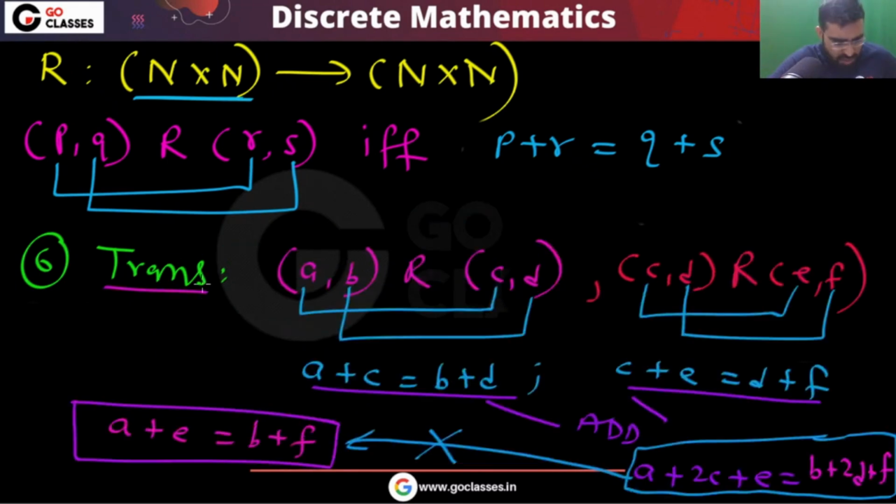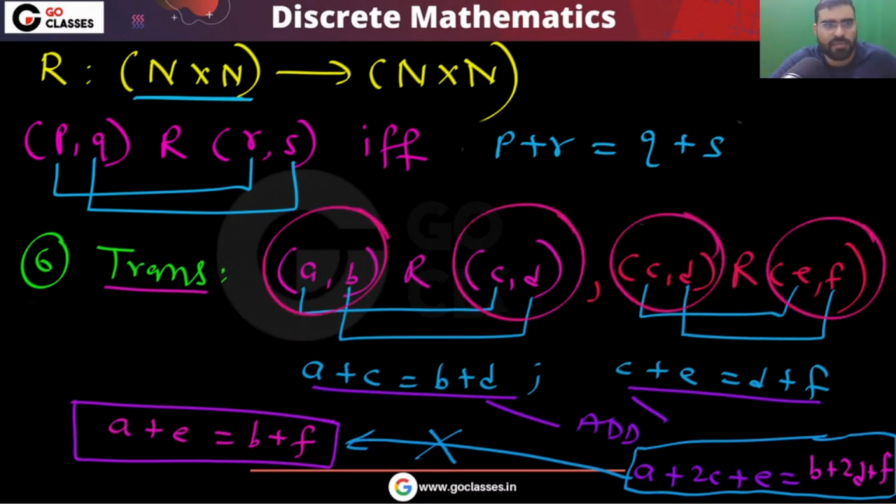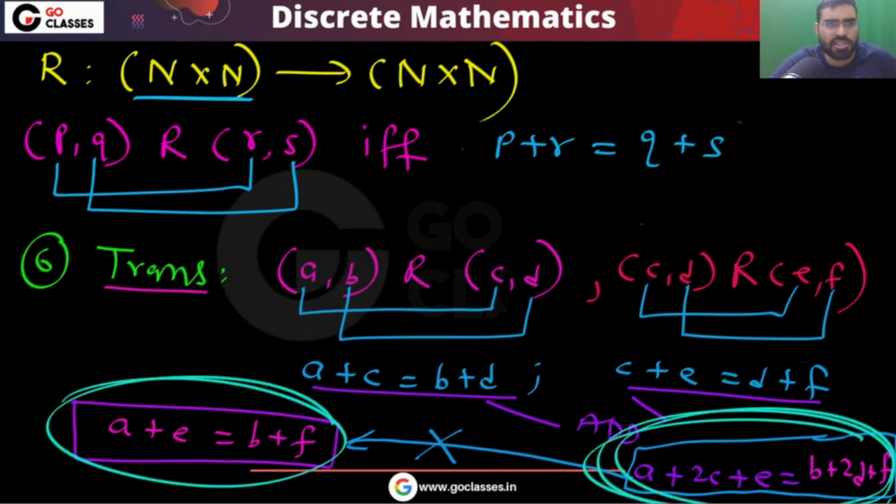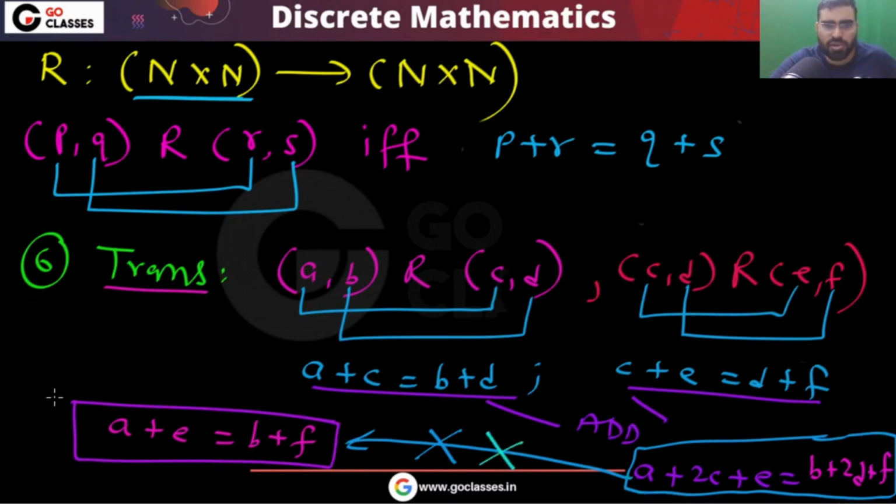Okay, but did you understand the proof? Tell me, did you understand the intuition of what is happening here? I am assuming that A comma B is related to C comma D, and C comma D is related to E comma F. From this I am getting the equation A plus 2C plus E is equal to B plus 2D plus F. But from this equation I cannot conclude the other equation.